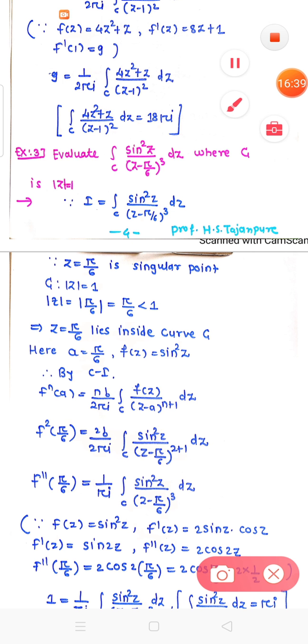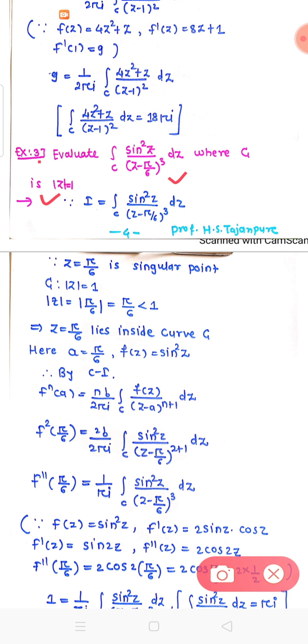Now let us start with the next example. Again we are going to evaluate a complex integration. The function is sine square z upon z minus pi by 6 bracket cube dz, where that curve C is modulus of z equal to 1.